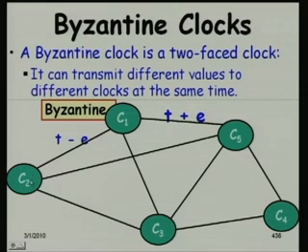Here also it is within bound, but it is showing two different values. Now, if they compute the average, there will be a difference in time, but how much difference in time? If there is a Byzantine clock and we know that the maximum drift between clocks is, let us say, rho into delta t.